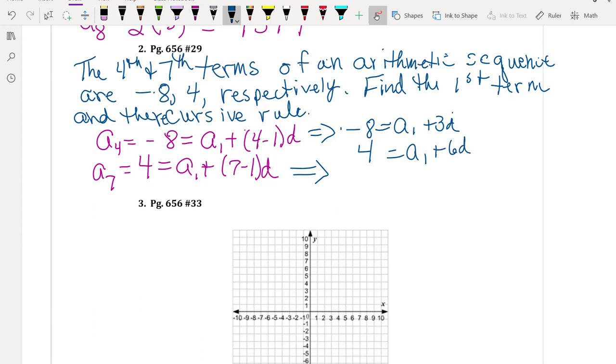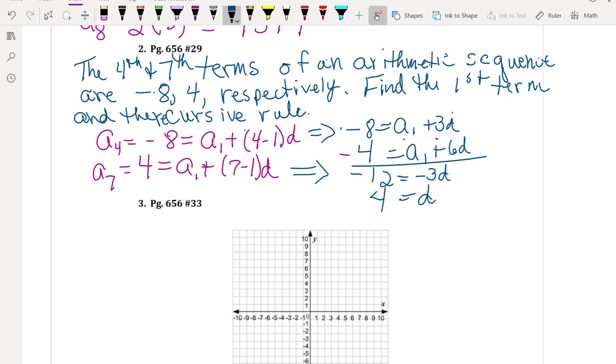So solving these, if I use elimination, I'll just change the signs of all these, and I get negative 12 is equal to negative 3D. So D equals 4.